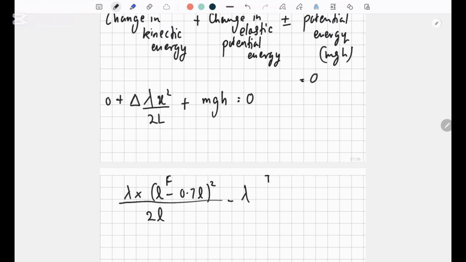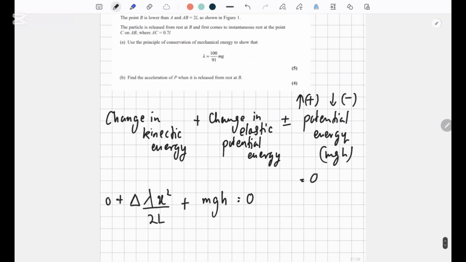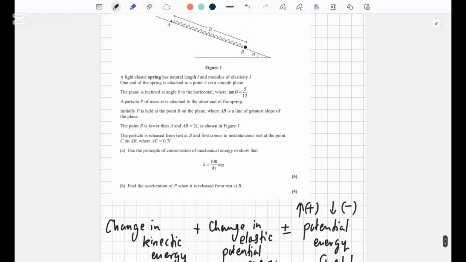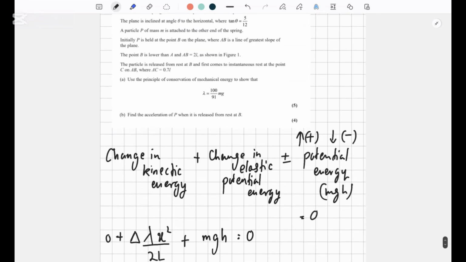Now we are talking about the initial, which is 2L minus L, squared, over 2L, plus mgh. So it has gone from 2L to 0.7L.